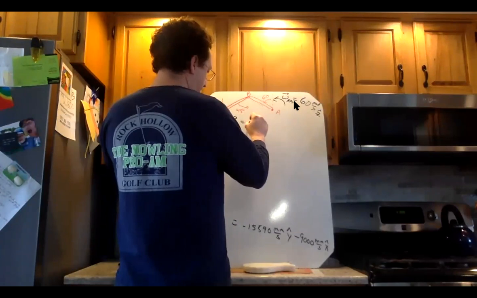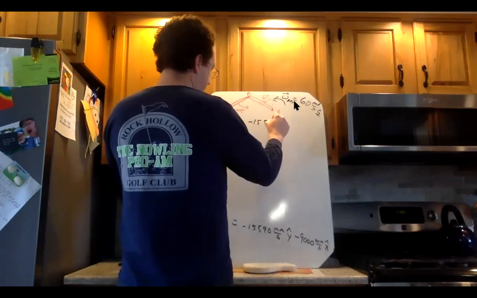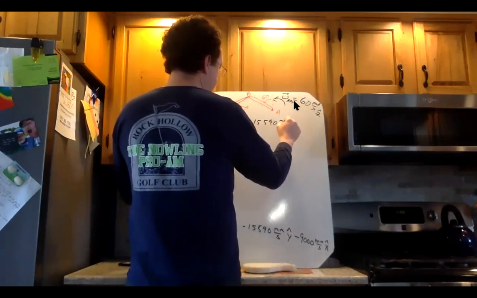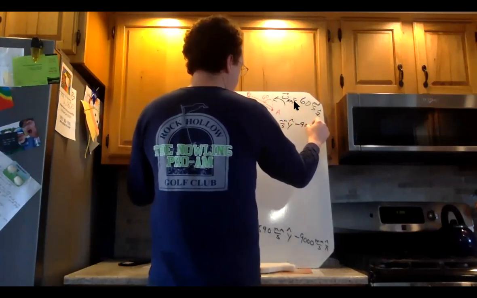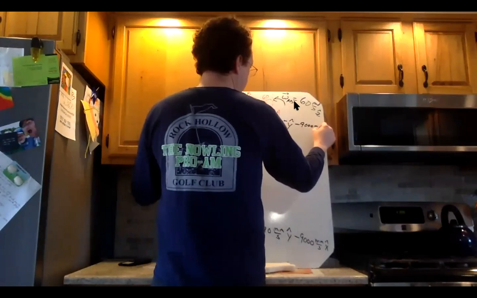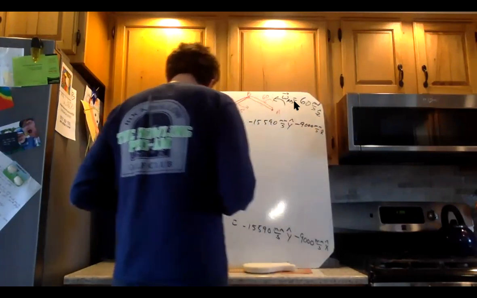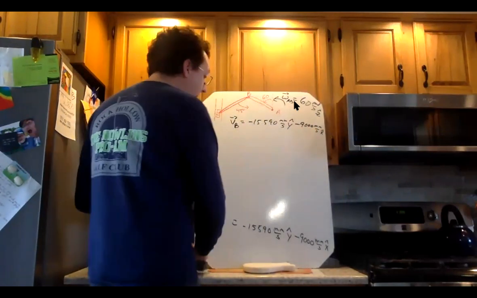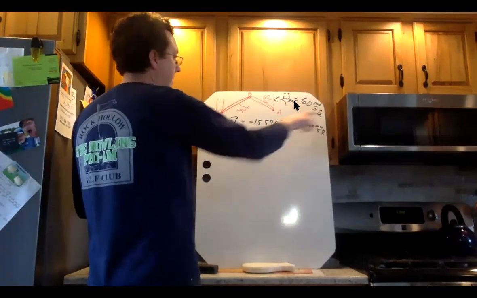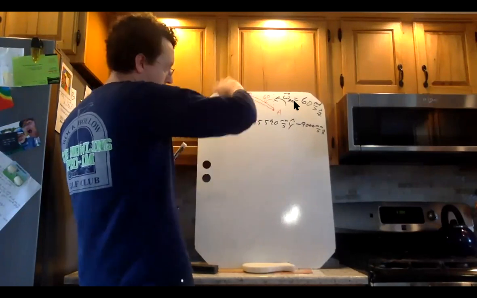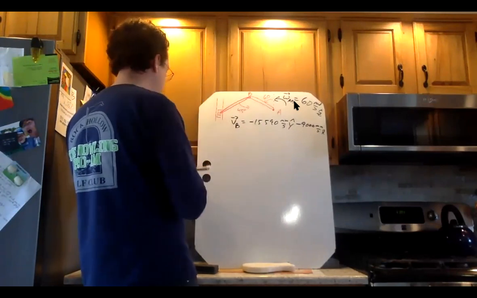So I'm going to just write this out. 15,990 millimeters per second y hat minus 9,000 millimeters per second x hat. All right. Okay. And remember, this is a long way. You might have been able to just write that down from the start with a little bit of a mental picture of it.